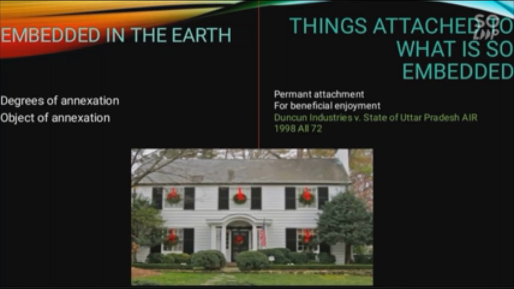But the court held that these people have to pay the stamp duty including the plant and the machinery, as it would come under the ambit of things which are attached to the earth or what is so embedded. So these are also categorized in the immovable property. So while paying the tax, they have to consider plant and machinery as also immovable property.